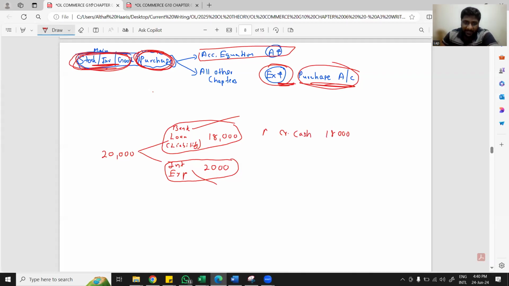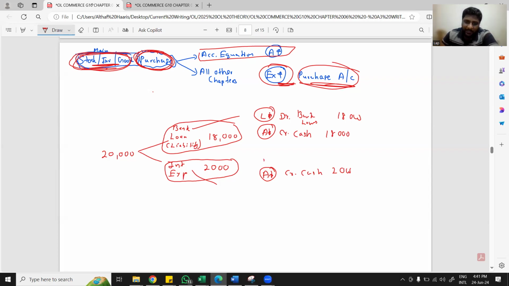My cash asset is decreasing. And from the other side, my bank loan liability is decreasing by 18,000. So liability decreases, debit. And for the interest, you have paid 20,000 in total, so cash asset is decreasing by 2,000.